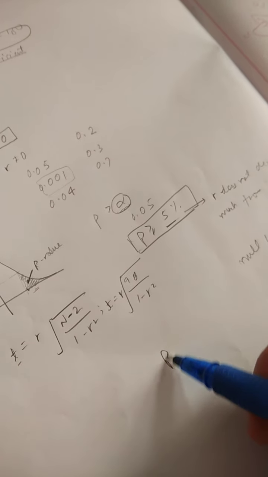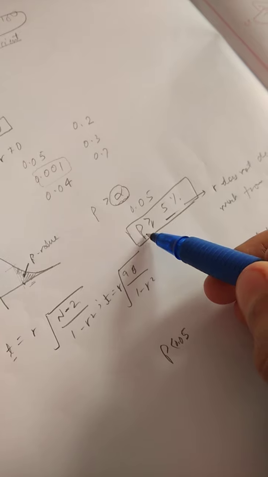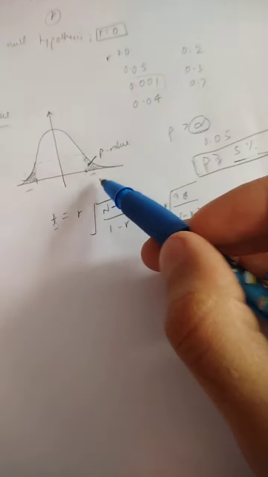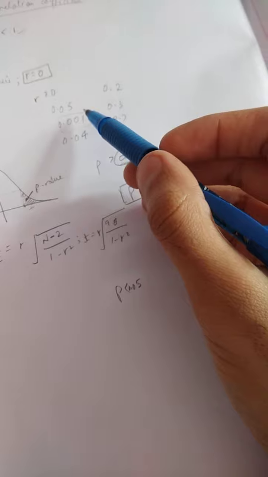But if the p-value drops down to less than 0.05, that is, the probability will be less than 5%, what does it mean?